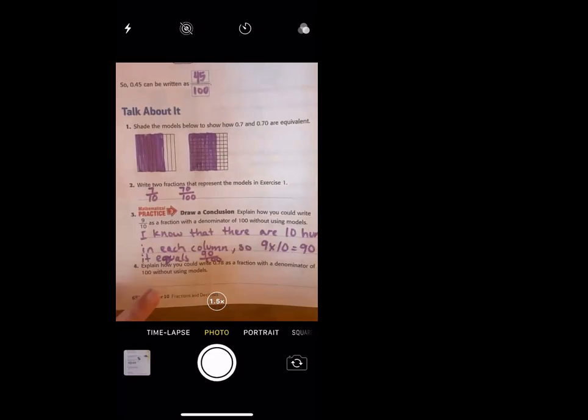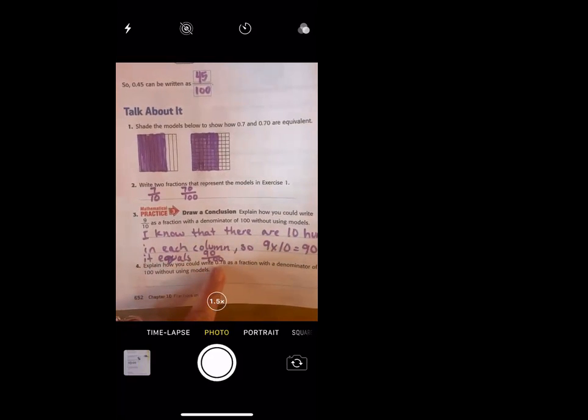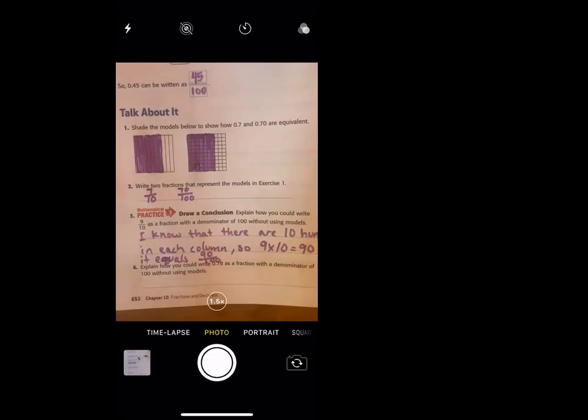All right. Explain how you could write 78 hundredths as a fraction with a denominator of 100 without using models.